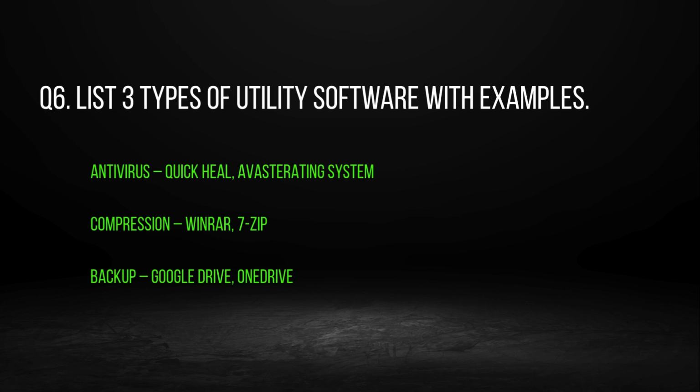Utility software examples are easy to mark. It is easy and probably a 2 marks question comes from it. Mention three types with examples. Any three types.